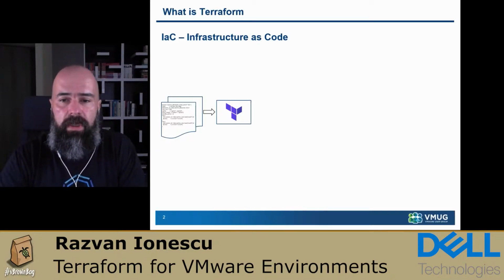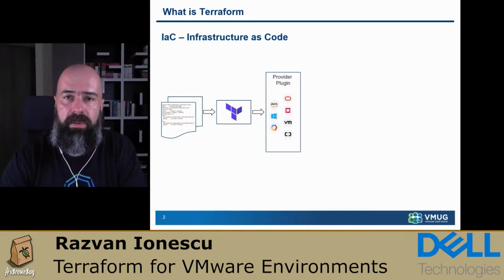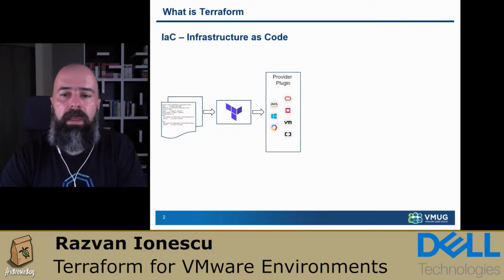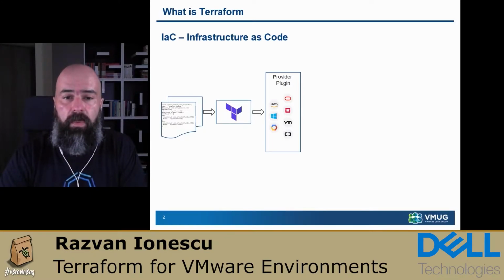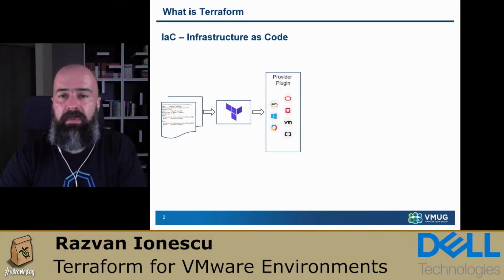Once the provisioning plan is ready, Terraform will apply it, and it makes sure that our desired state is actually replicated to the real world. To do this, it uses Terraform providers. A provider is basically a connector to the outside systems. It can be the infrastructure layer provided through vCenter server. In our case, that's what we're going to see. And it can be a public cloud service.